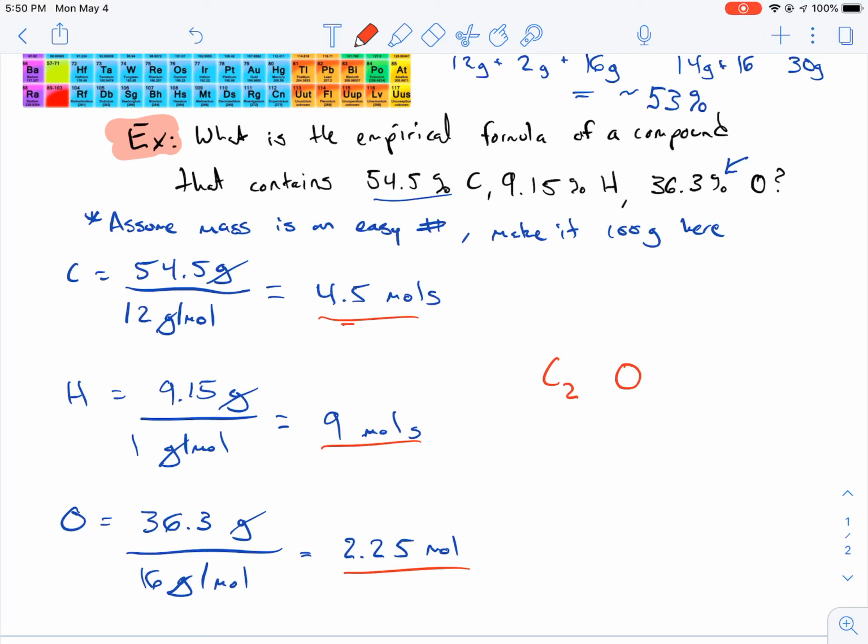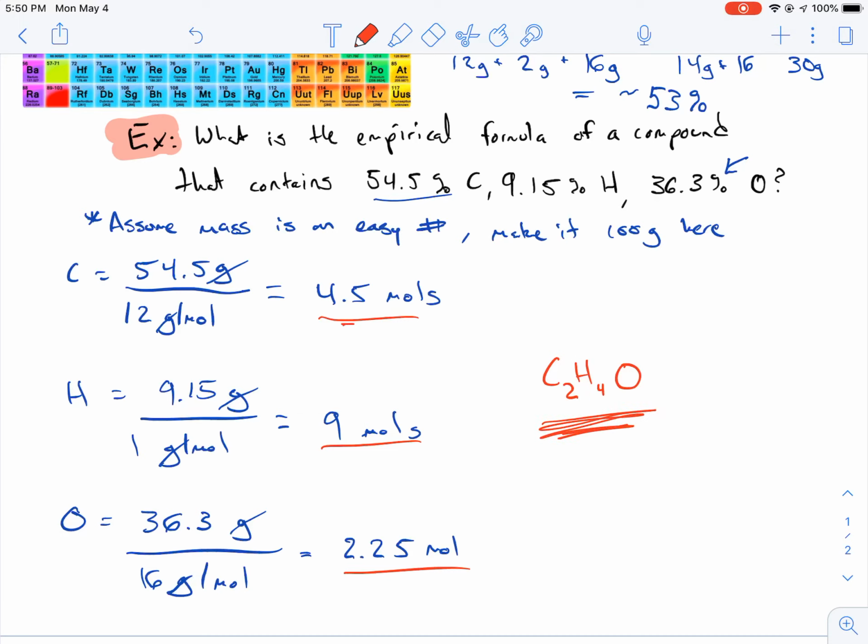And then let's look at the carbon to hydrogen ratio here. 4.5 into 9 is almost 2. So that's almost double there. That means that there's 4 atoms of hydrogen. And this would be our empirical formula here.